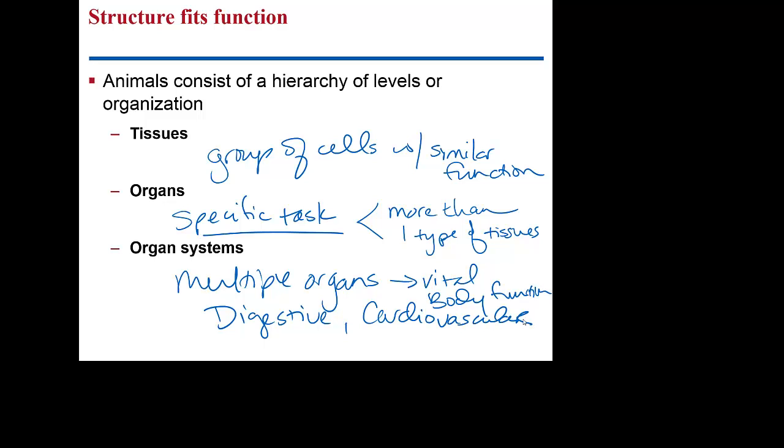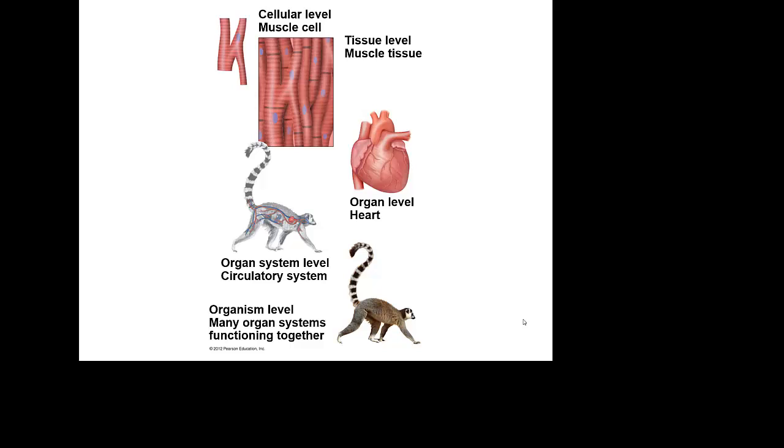Both of these are going to be made up of multiple organs and many types of tissues to achieve their goal and what they need to accomplish. So when we build from cellular up through to the organism itself, which is just many organ systems functioning together, we have to consider how this is going to actually be built to achieve the complexity that is necessary for the organism to function properly.